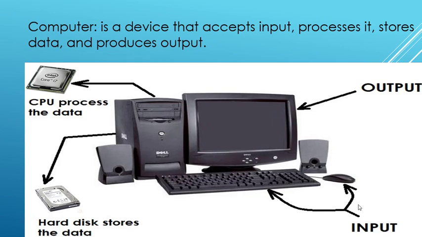What are the steps involved? Whenever we type something, we need an input device. The basic examples of input devices are the keyboard and mouse, through which we enter the data.